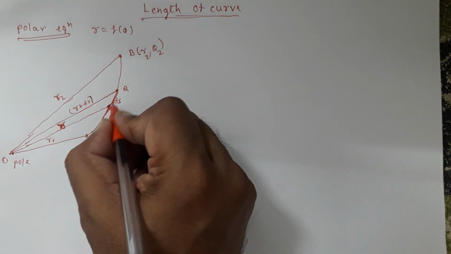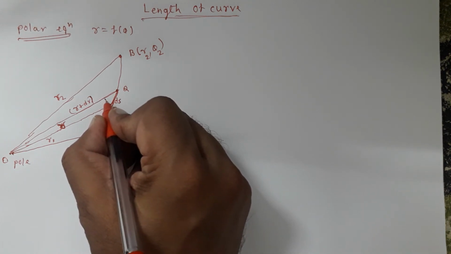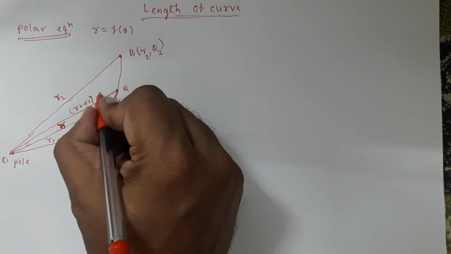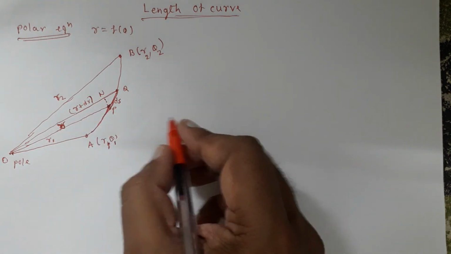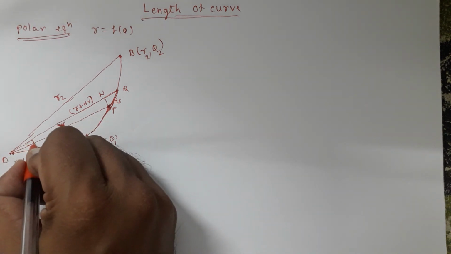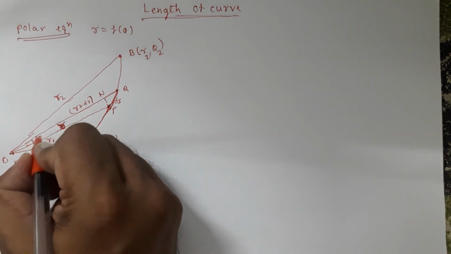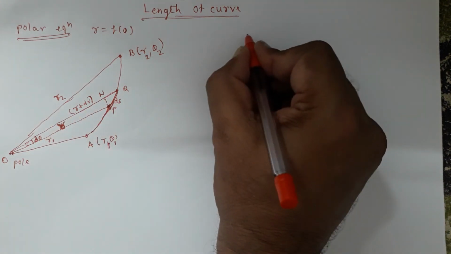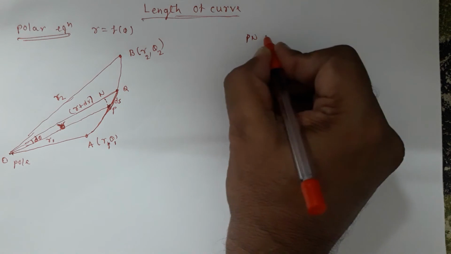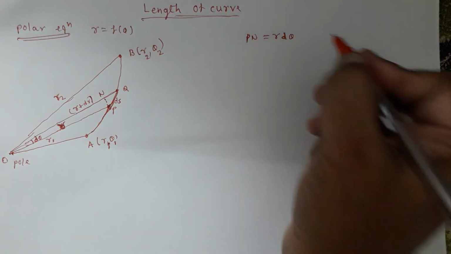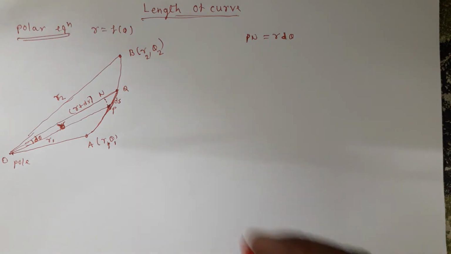In order to get PQ, I am drawing a perpendicular through P on OQ, and let this point be n. If this position vector is r and the angle is d theta, then I can write Pn is equal to r into d theta, using s is equal to r theta.